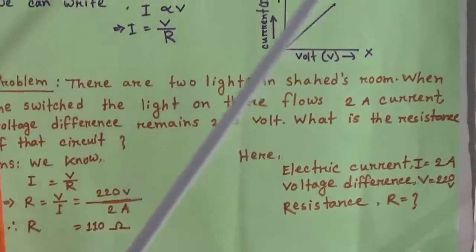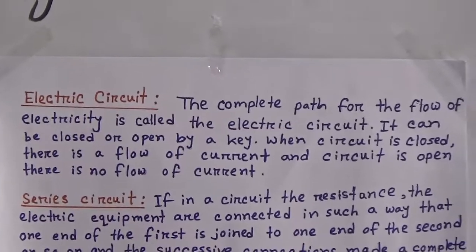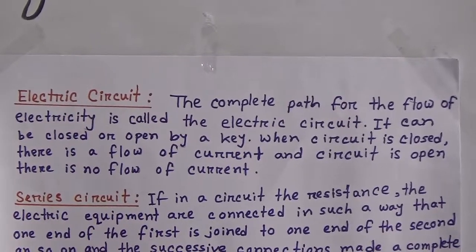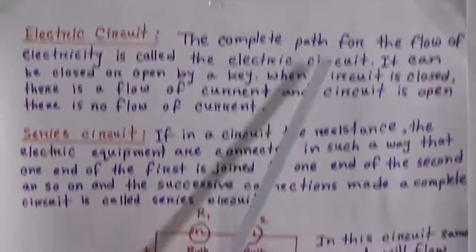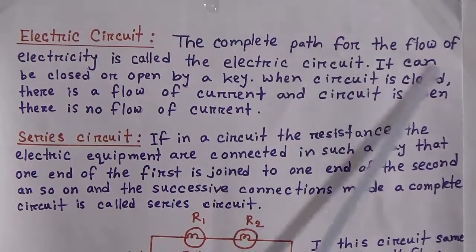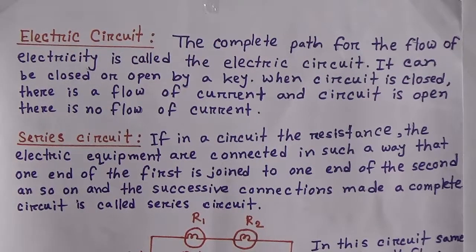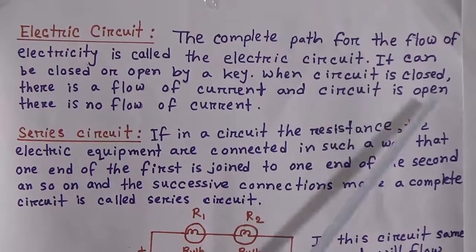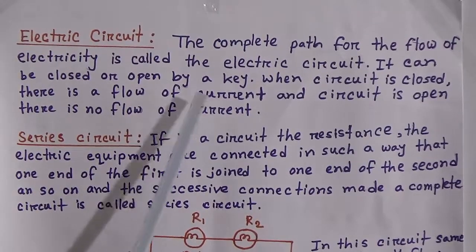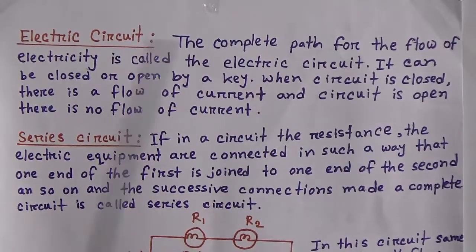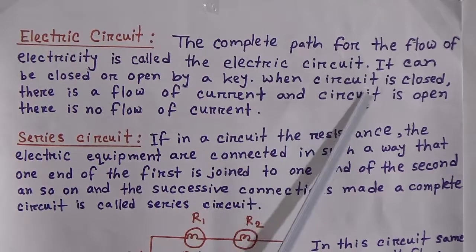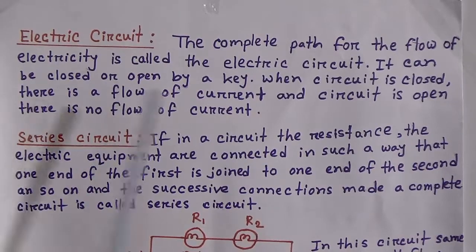Okay, now we will discuss the electric circuit. What is an electric circuit? The complete path for the flow of electricity is called an electric circuit. It can be closed or opened by a key. When the circuit is closed, dear students, listen carefully, there is a flow of current.